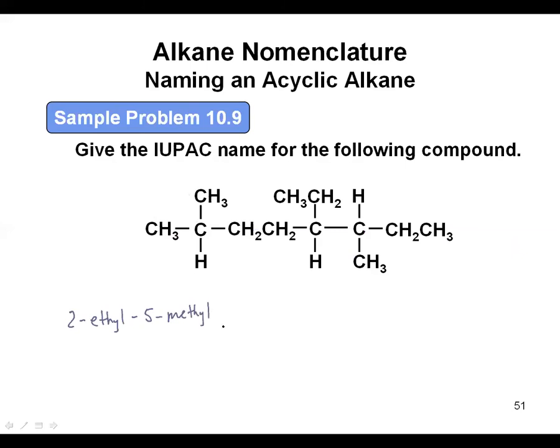I'm just making this up, so give me a second here to make sure I have enough carbons. Let's go with octane. Okay. And again, I just made this up, so we'll hope for the best here. May not be perfect, but we'll try our best here.